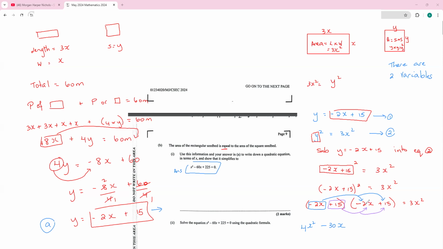So we're going to multiply the second term by everything in the second. So 15 times negative 2x. Again, that will be negative 30x. And then 15 by 15. 15 times 15, I'm using my calculator here, and I got 225.